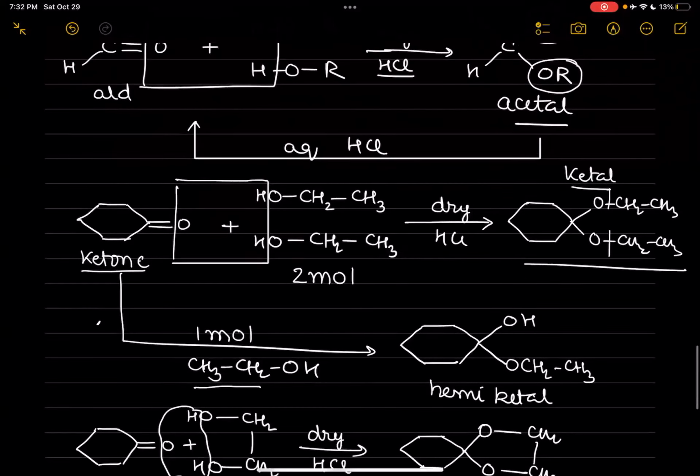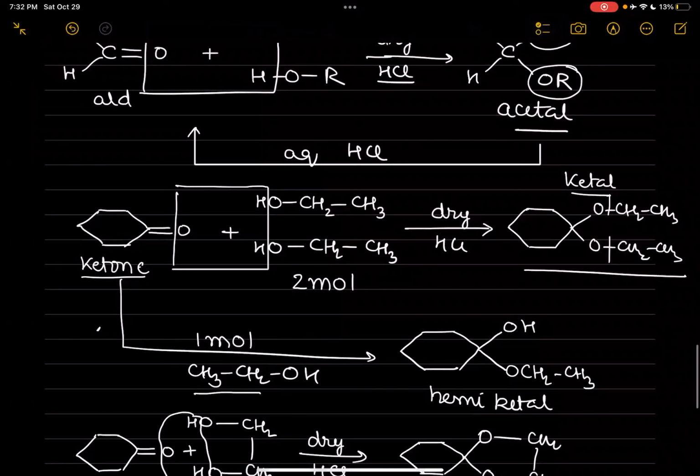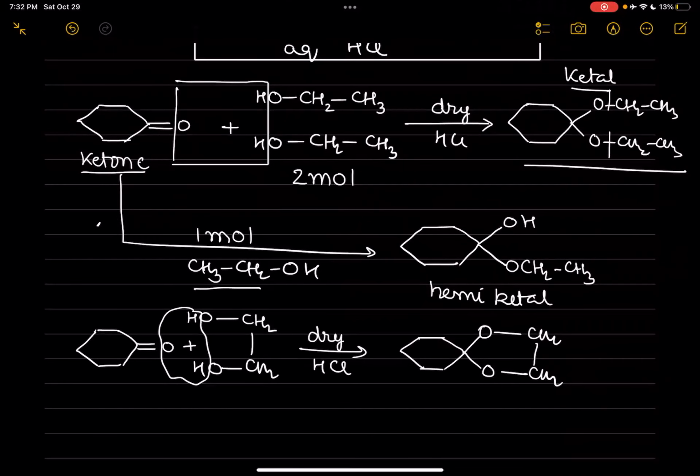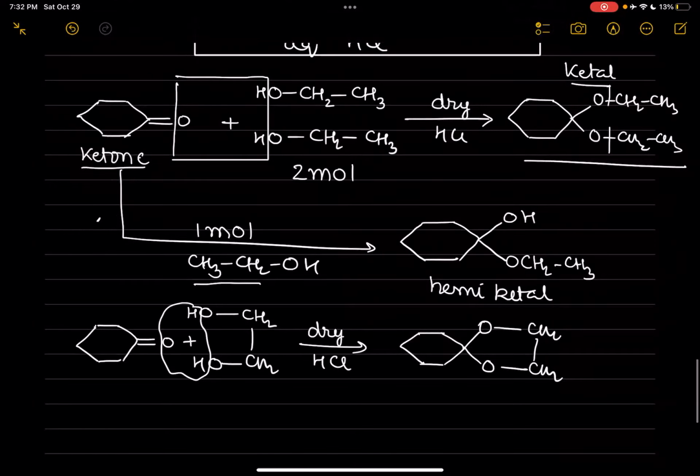And now only 2 molecules, the reaction is same, but 2 molecules are combining together, so it can occur more easily. I hope this is clear to you.